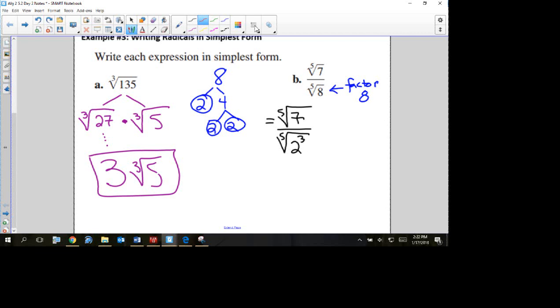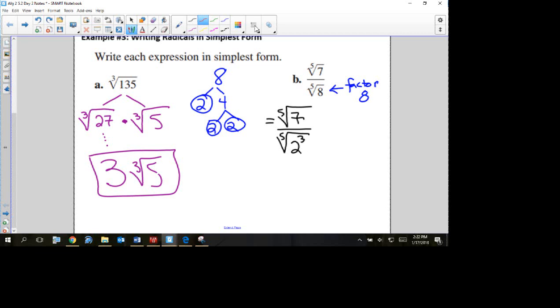Now, in order to take a 5th root, I have to have 2 to the 5. What can I take the 5th root of? 2 to the 5. Do I have 2 to the 5 right now? No. I have 2 to the 3. How many more 2's do I need?